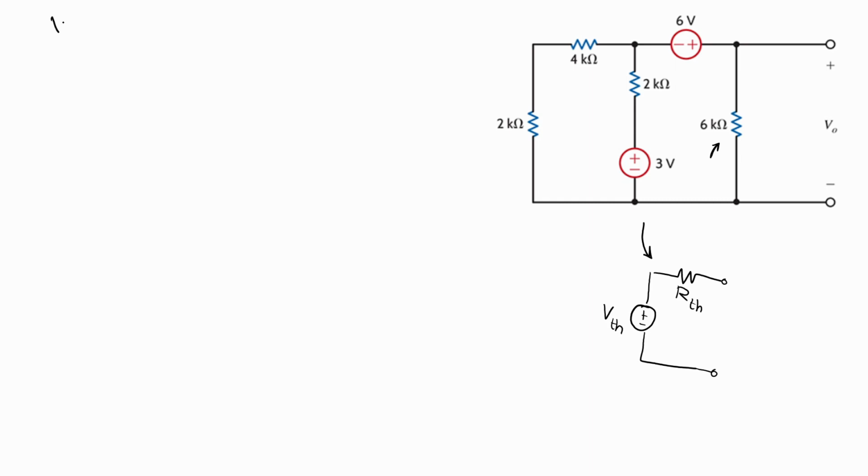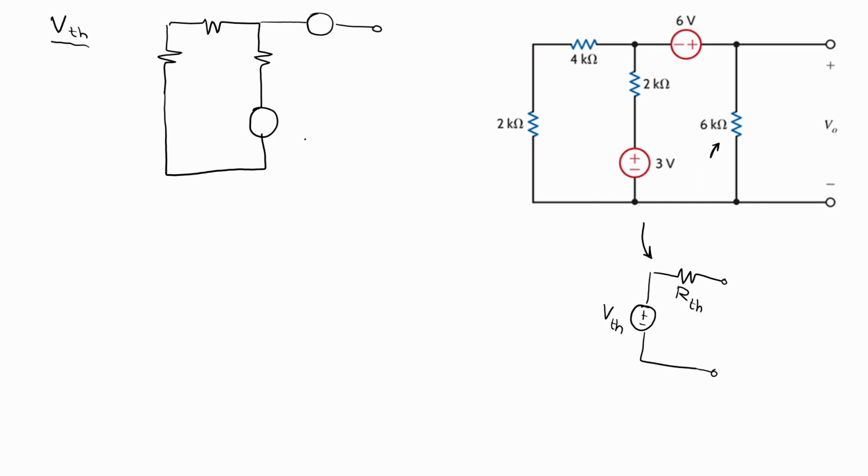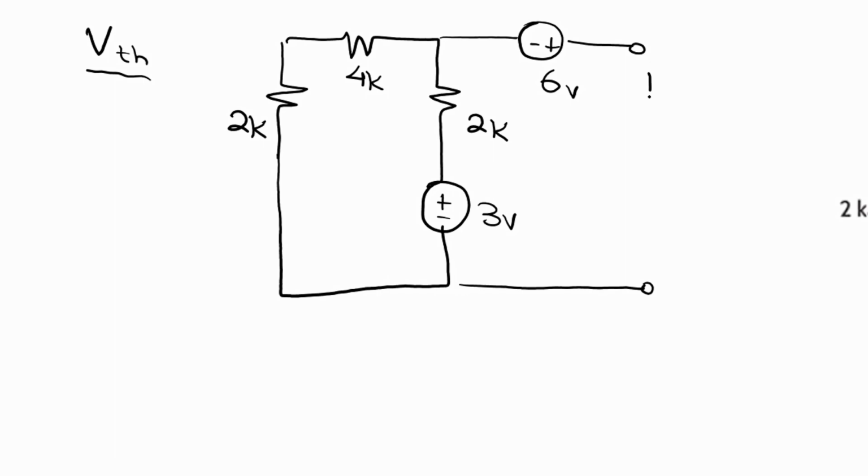So the circuit now to find V Thevenin will be the circuit without the 6K resistor. Now, after we removed RL, we call this voltage V Thevenin.